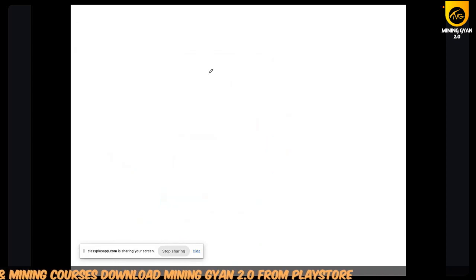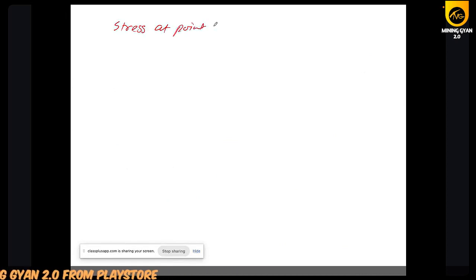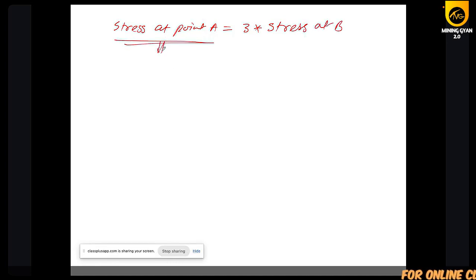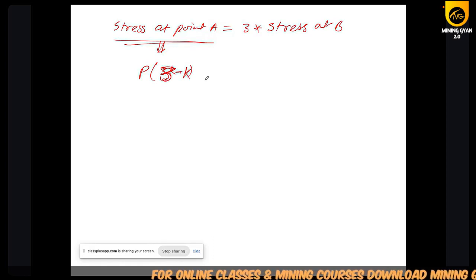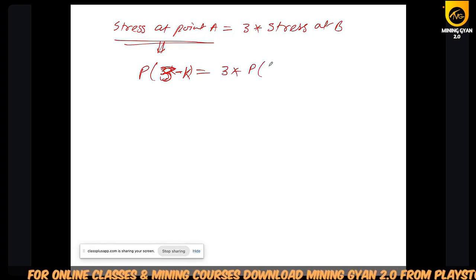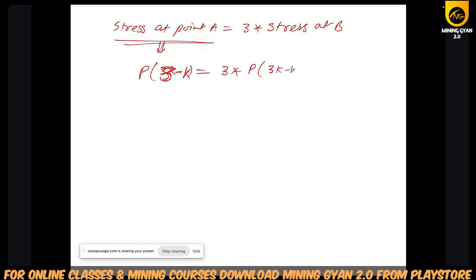Okay. So when you find sigma a and sigma b, the condition given is that the stress at point A should be thrice the stress at B. So stress at point A is P (3 − K), and it will be 3 times P (3K − 1).